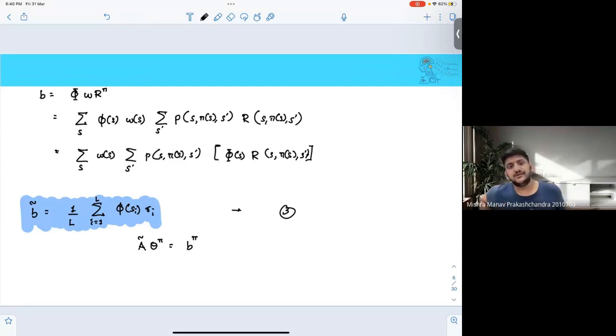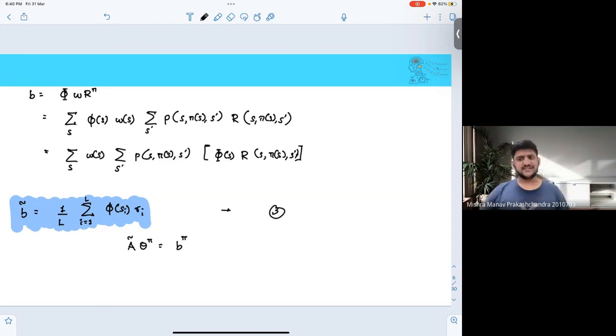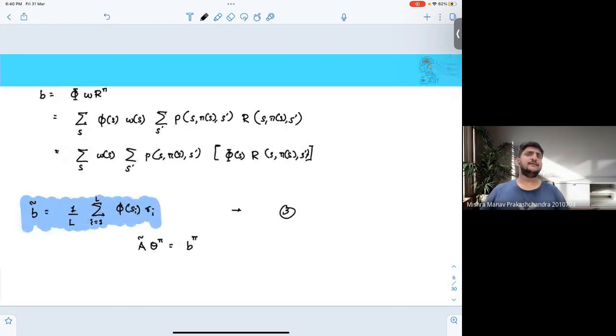Meaning, I don't even need to maintain a list or the number of times a particular experience has been played. In order to average it, I can simply sum up all the experiences that I'm getting from the replay buffer. I just compute this particular quantity and then sum it over all the experiences that I have. Okay, that also makes my life simpler.